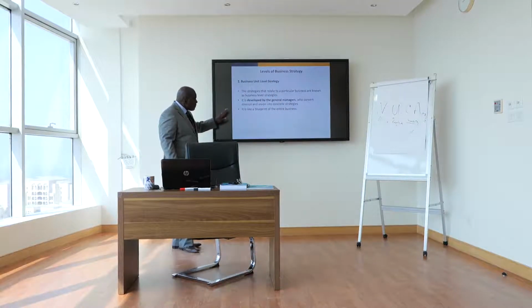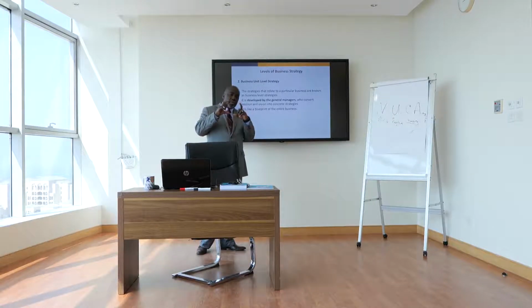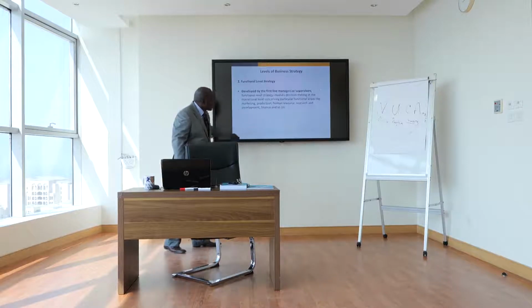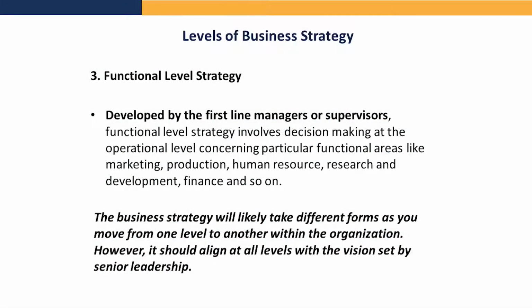So it's like a blueprint of how each business unit is going to be operating, right? But again, it should be linked to the corporate level. And then the last level is developed by the first line managers or supervisors, right? So these are the functions. It's production, it's marketing, it's research, it's HR.